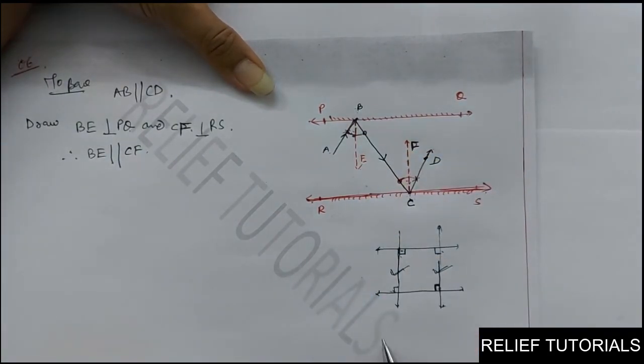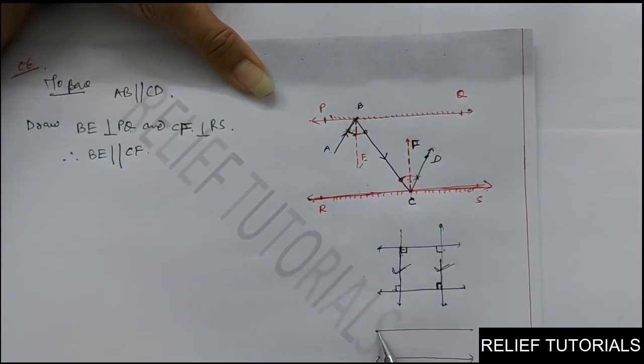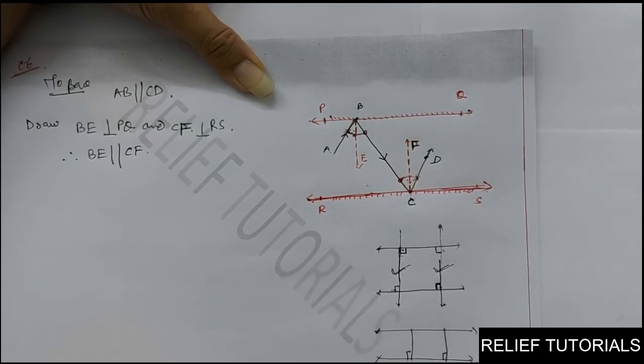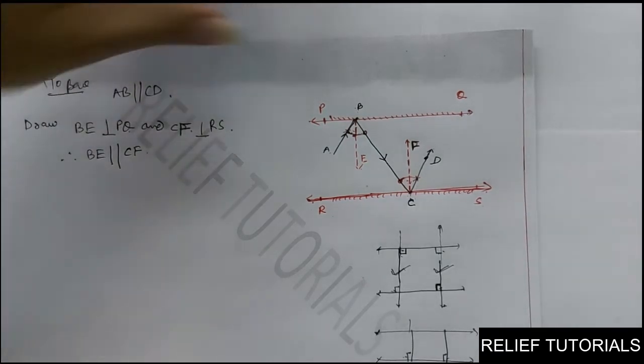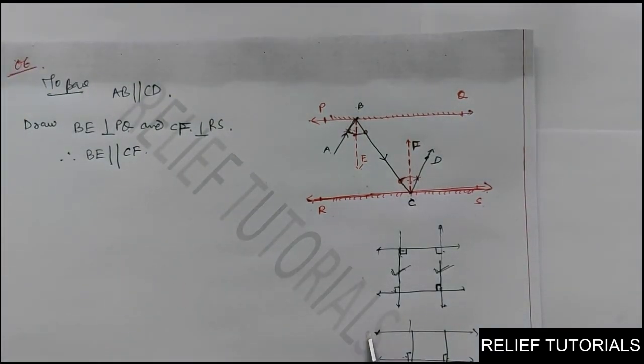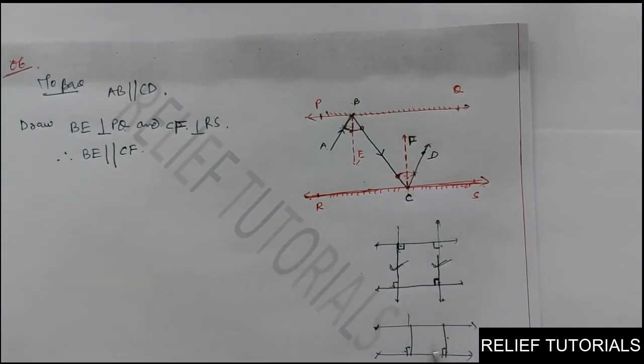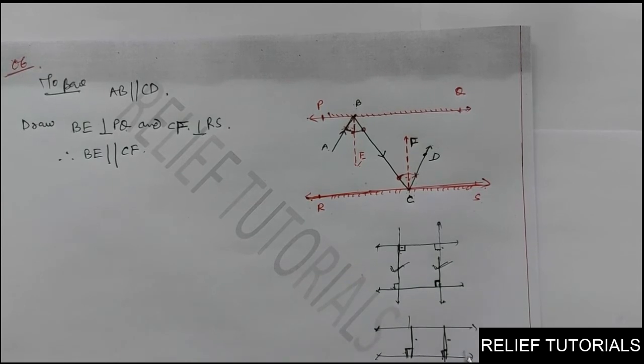These are two parallel lines, and if I draw this perpendicular, this also perpendicular. These two are corresponding angles, and corresponding angles are equal, so these two lines will be parallel. So perpendiculars drawn between two parallel lines are always parallel.